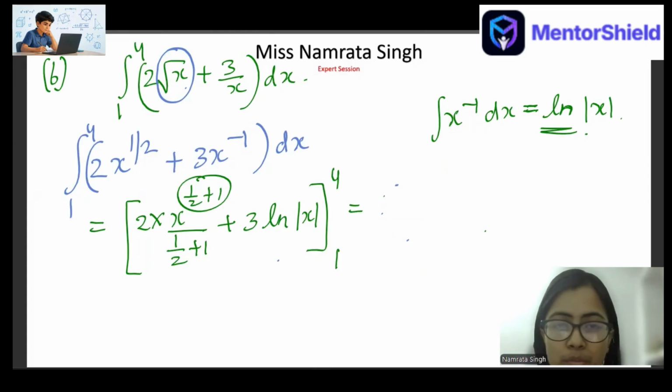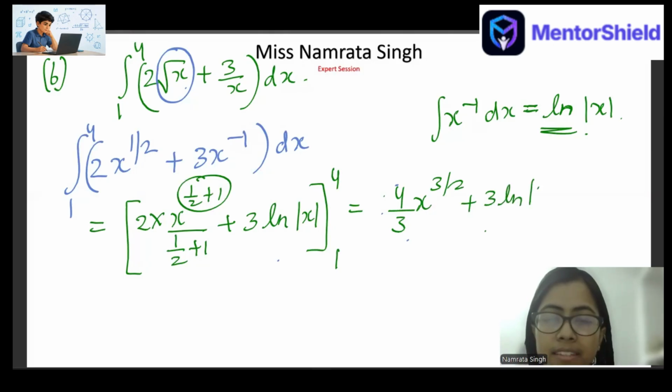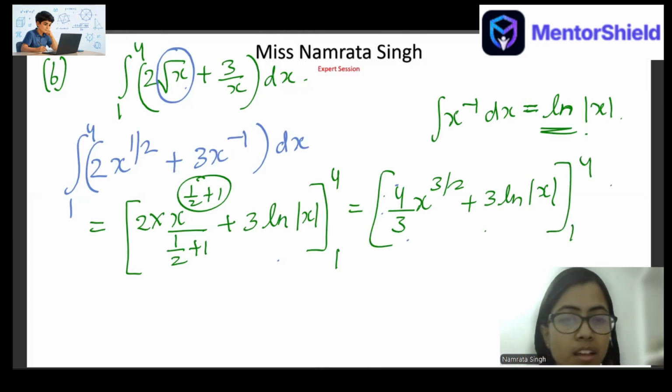This is equal to 4 by 3 x raised to 3 by 2 plus 3 ln x, natural logarithm of x, from 1 to 4. Fine. So now let us substitute the value of the upper limit.